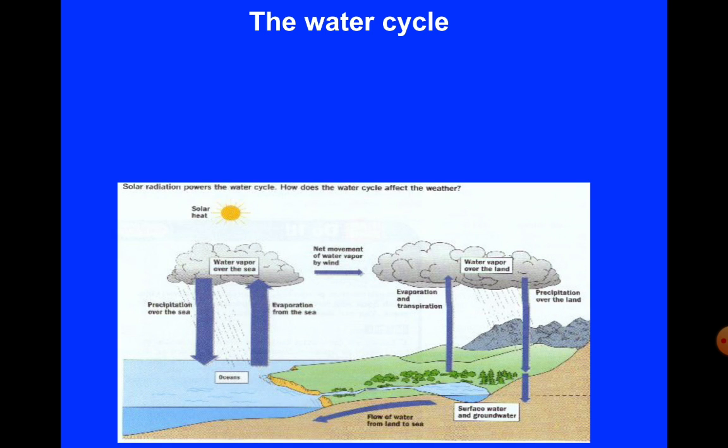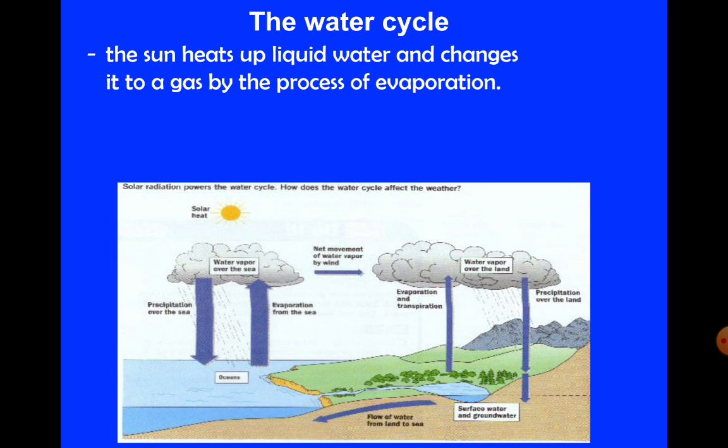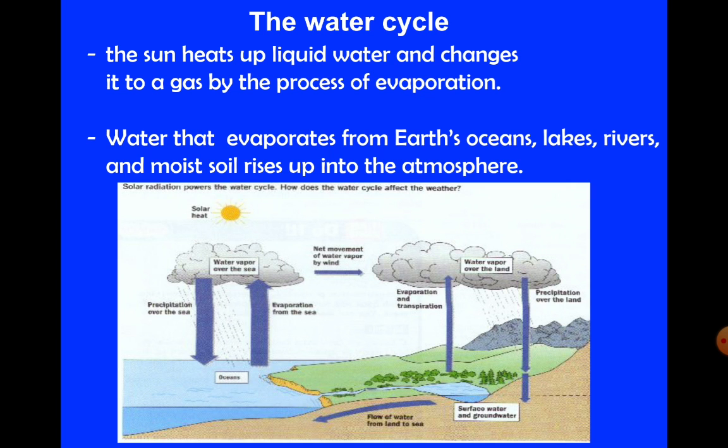What do we see here? We see the sea, we see clouds, water evaporation, precipitation. Now, what is happening? The sun heats up the liquid water and changes it into gas in the form of evaporation. Where does the water evaporate?